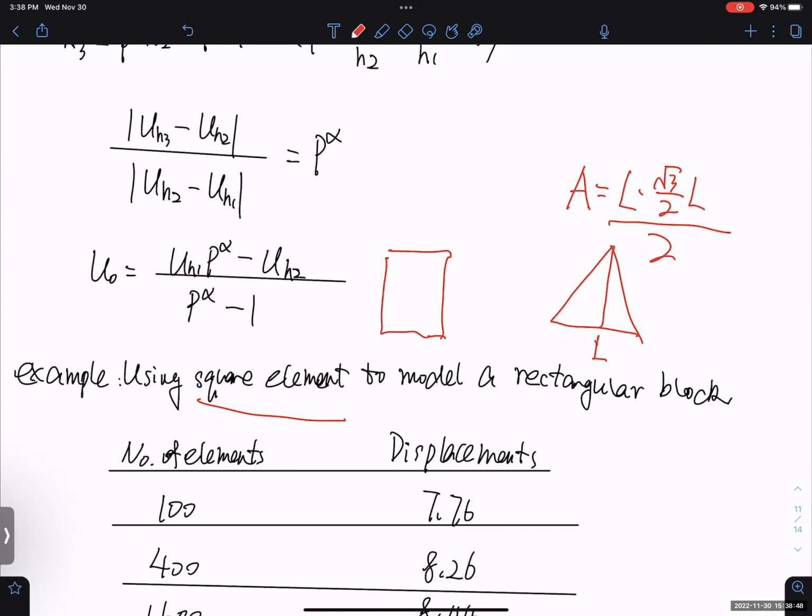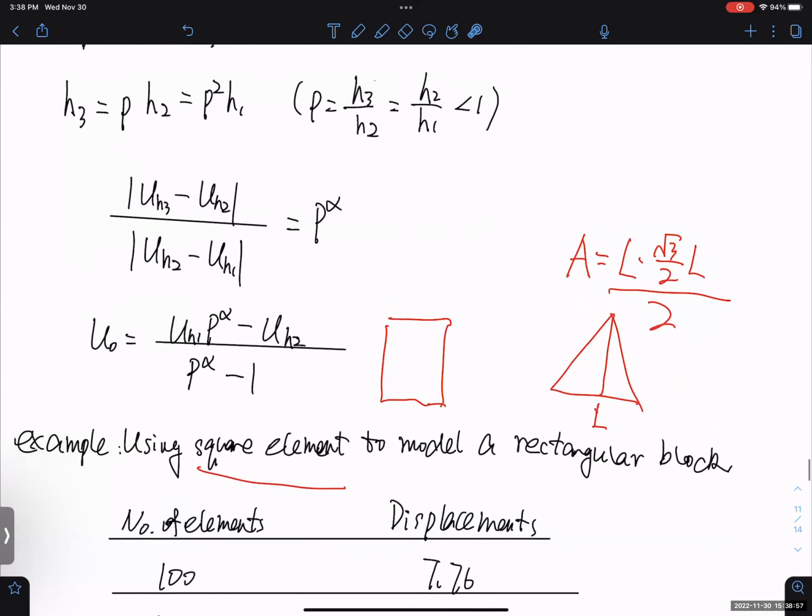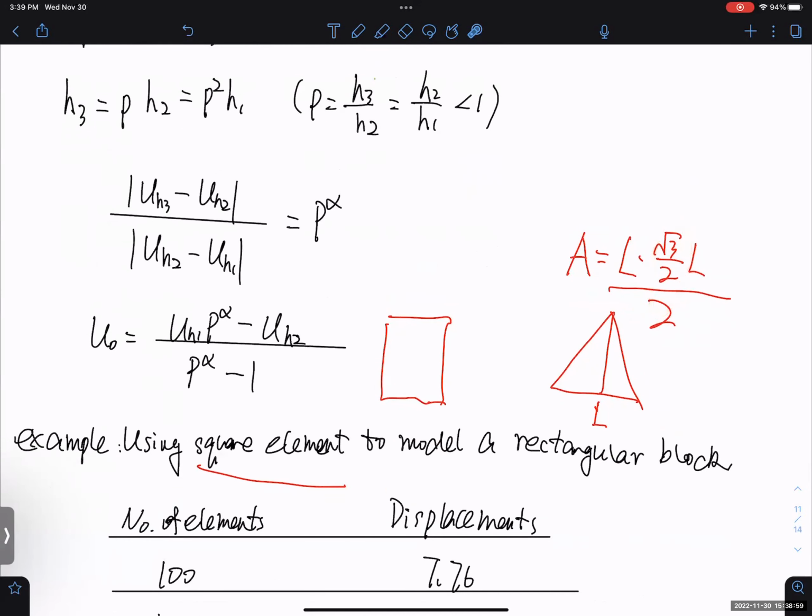Of course, I know for different geometry there's a coefficient in front, but in the end, if we are comparing the ratio of edge length, this coefficient doesn't matter, right? So actually I can use any shape as long as it's 2D. I can model the whole problem completely using the triangle element, or the rectangle element.